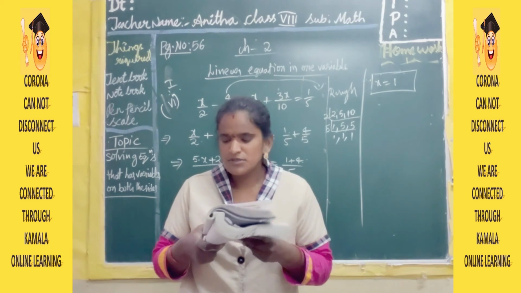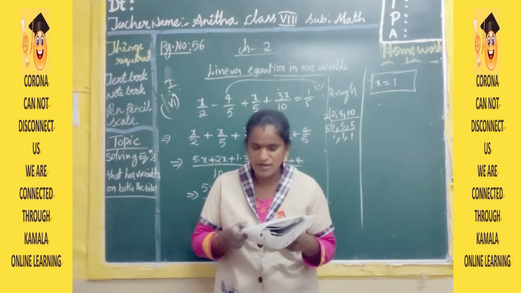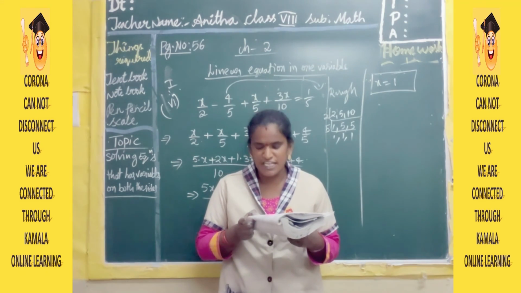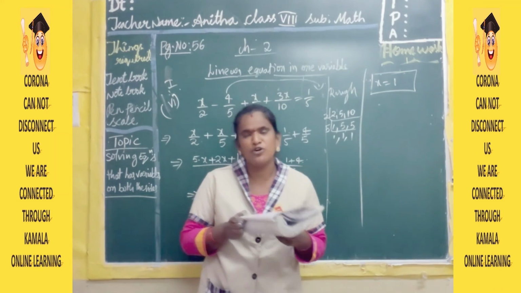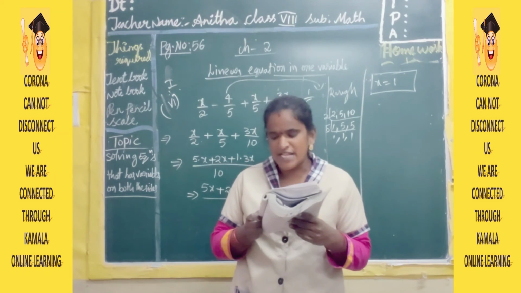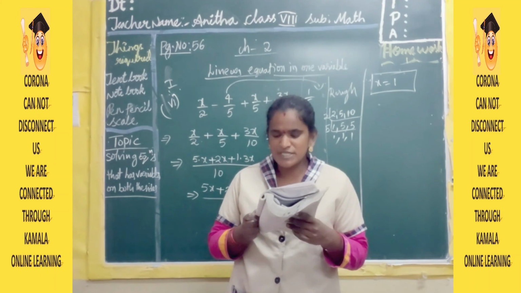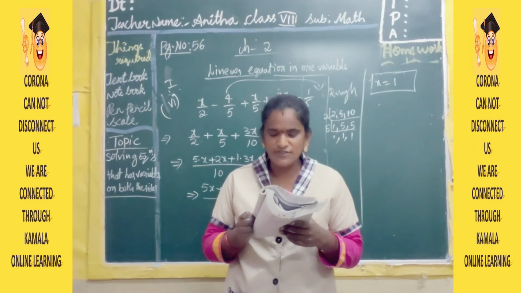So it is a combination of two separate values given. We need to calculate the t value. How is it possible? By taking the LCM of the denominators of the given fractions. You have to first take the LCM. Okay children? Like that you have to find out. Definitely you will get the t value.